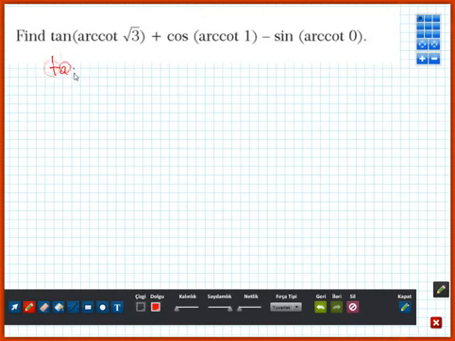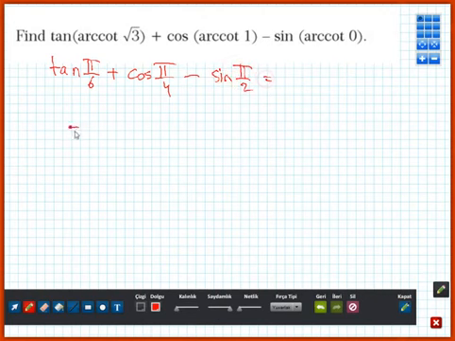Now this one is tangent pi over 6 plus cosine of arccotangent 1: the angle between 0 and pi for which cotangent will be equal to 1 is pi over 4. This is cosine pi over 4 minus sine of arccotangent 0: the angle between 0 and pi for which cotangent will be equal to 0 is what? 90 degrees, yeah? Cotangent pi over 2 is equal to 0. So this one will be sine pi over 2.